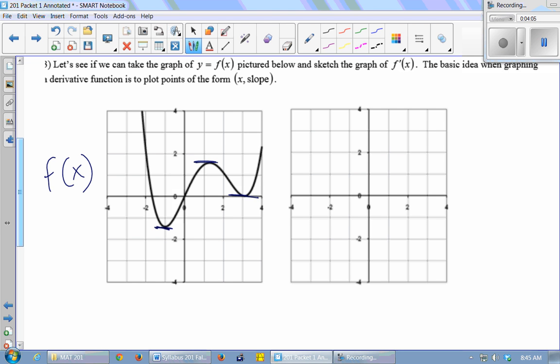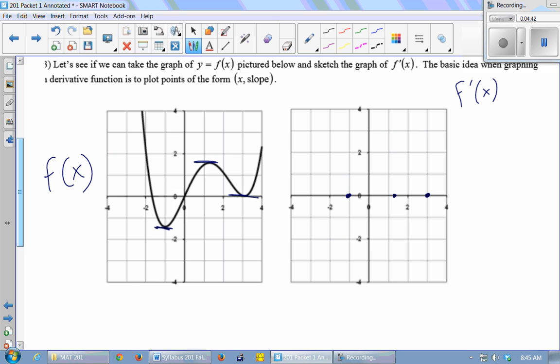So I'm going to plot for an x value of -1, 1.5-ish, and 1 1/3, and 3, zeros on my derivative function f prime, because we're plotting the x value, comma, the slope of the tangent line. So -1 gets a 0, about 1 1/3 gets a 0, and about 3 gets a 0. Those are the places where the derivative is 0, the slope of the tangent line is 0.